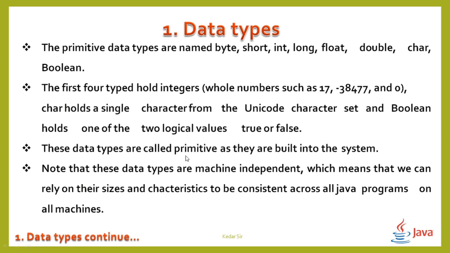These data types are called primitive as they are built into the system. Note that these data types are machine independent, which means that we can rely on their size and characteristics to be consistent across all Java programs on all machines. Data types are machine independent, so when you install your program on any operating system, it will work.